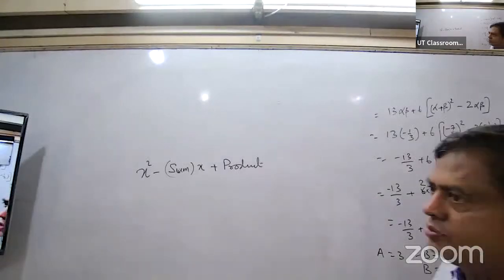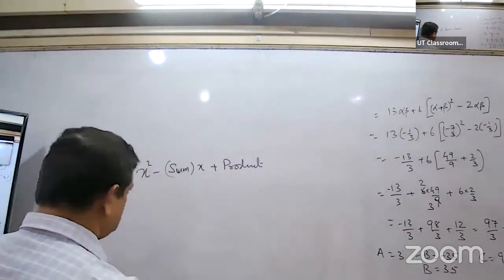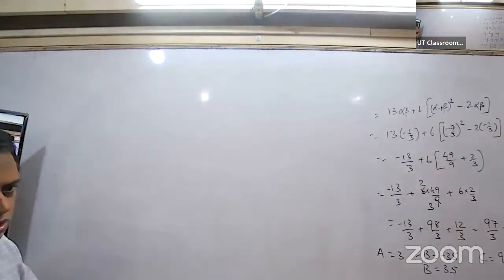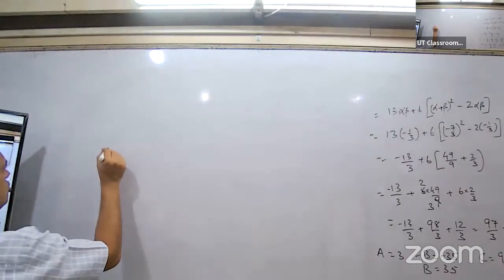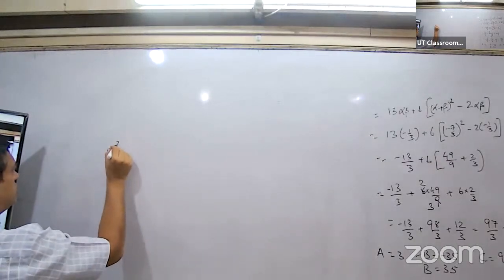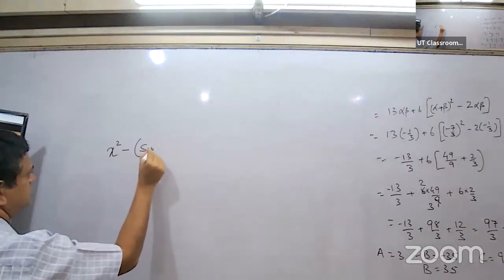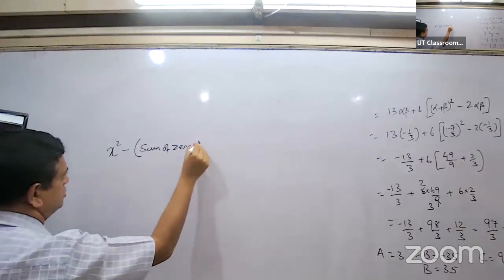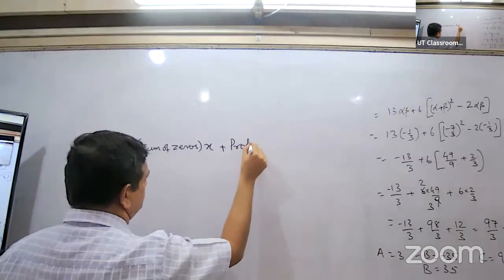The quadratic polynomial can be... I repeat, if the sum of zeros and product of zeros are given, then the quadratic polynomial can be x square minus sum of zeros into x plus product of zeros.